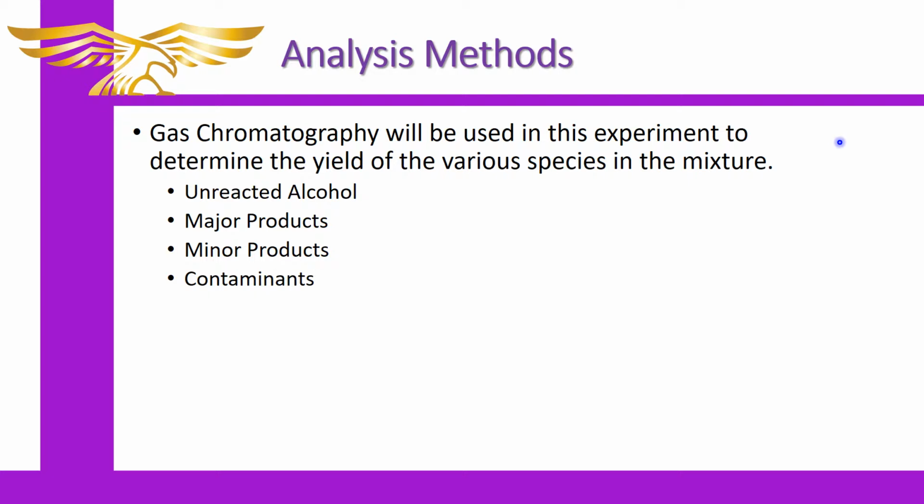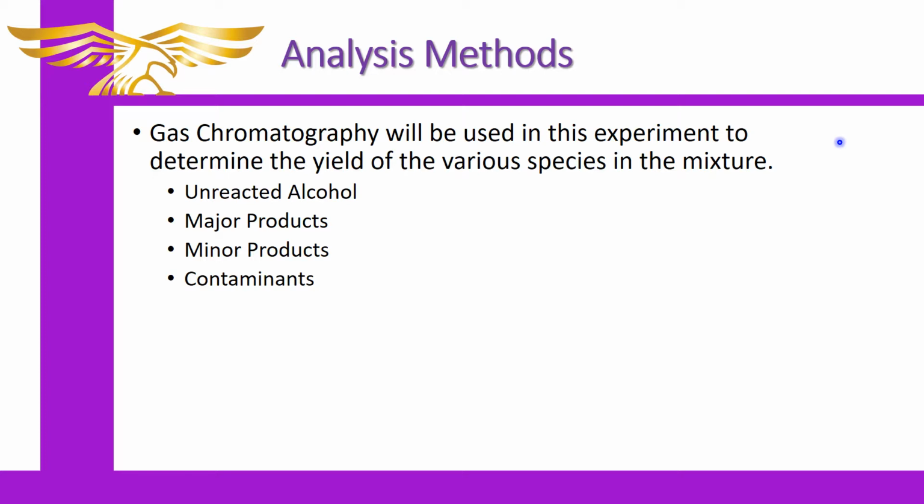And as far as analyzing this particular set of products, because it's all going to be a liquid, there's not going to be anything from these particular sets of products that's going to probably end up being a solid. Because of that, we have to use other methods to test the purity and the composition of the samples.